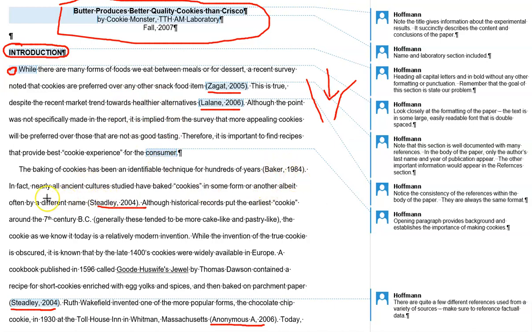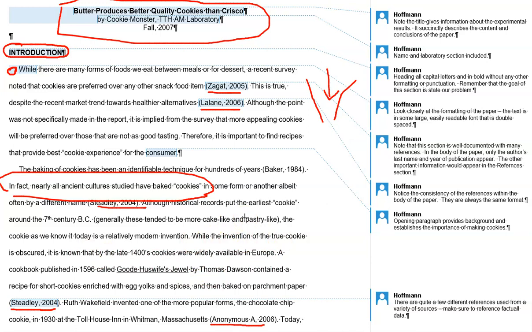Now we look at the historical reference here. Nearly all cultures baked cookies in some way, and look at that: what is recorded as the earliest cookie, and then how cookies have evolved and things like that.